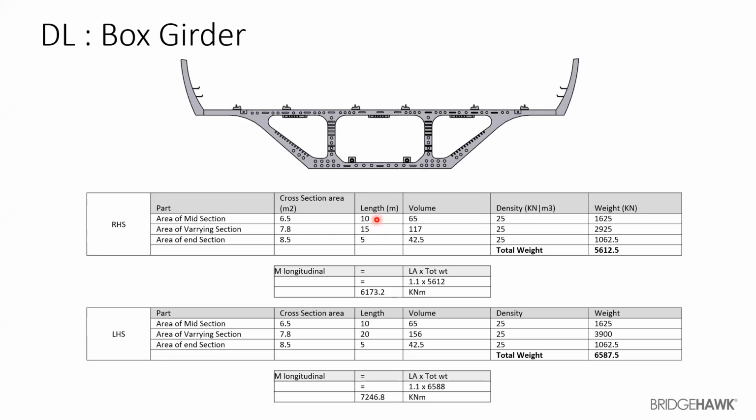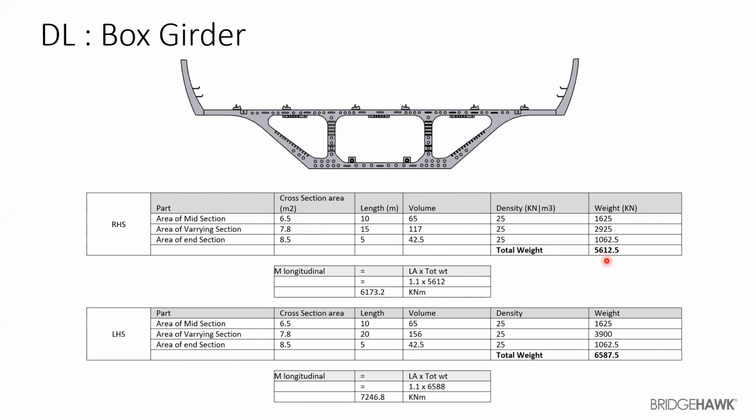So what this basically tells me is that my girder up to 10 meters of length has a cross-sectional value of 6.5 meters square. For 15 meters, it is 7.8 meters square. And for only the end sections, I'm assuming 5 meters, it is 8.5. So based on that, I'll get the volume. From that, I'll get the density. I got the weight. So this is my total weight for the girder on the right-hand side.